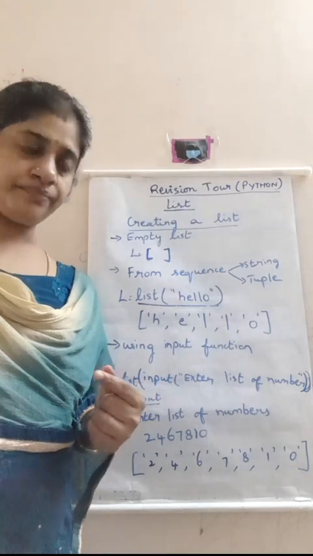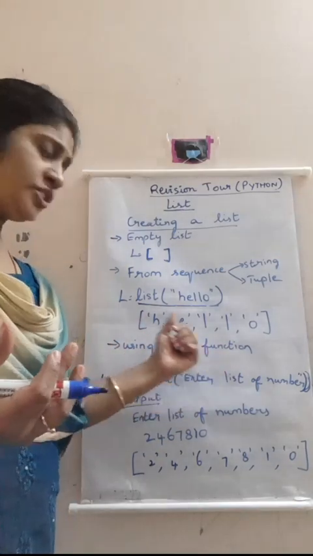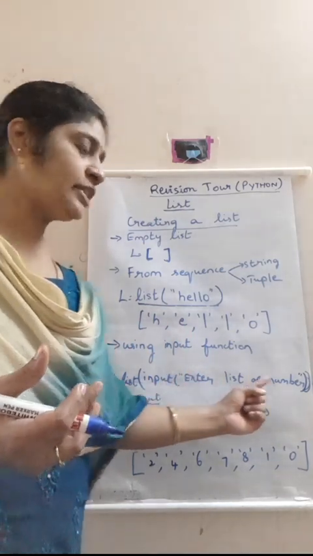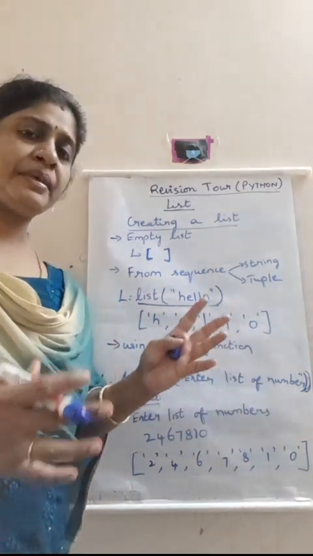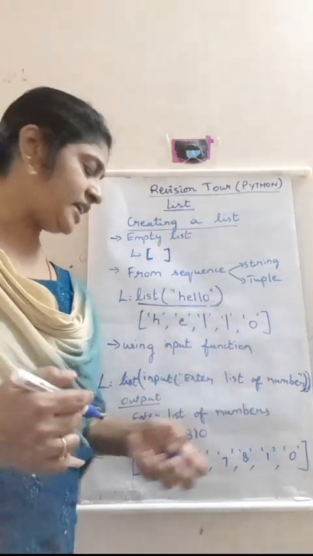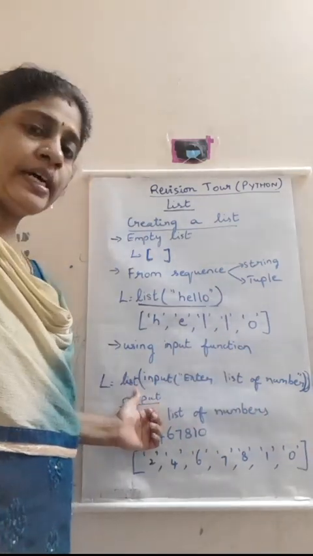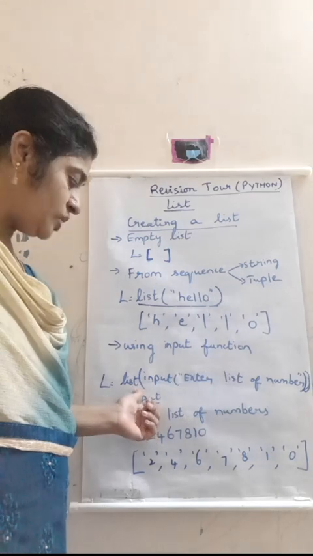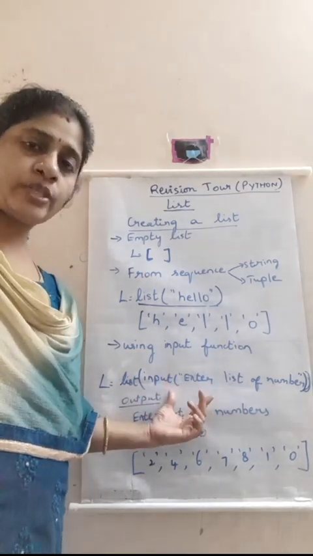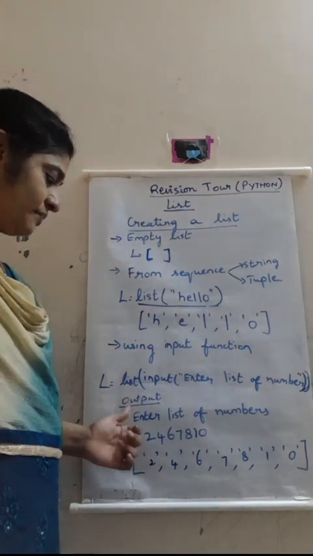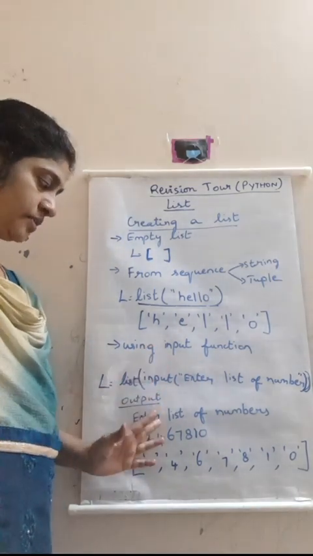And another thing is, you can also take input directly from the user using the input function. In the input function, you can ask the user to enter a list of numbers, and whatever the user enters will get converted into a list. Again, you are passing it into list over here. So this will return a list object, and it will get stored in L. For example, see how this works.